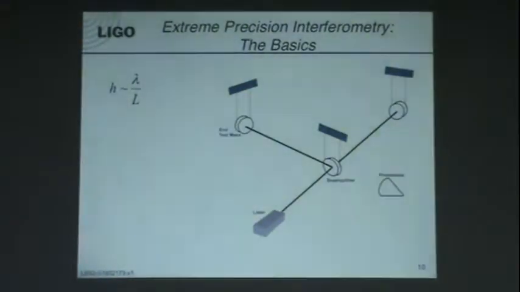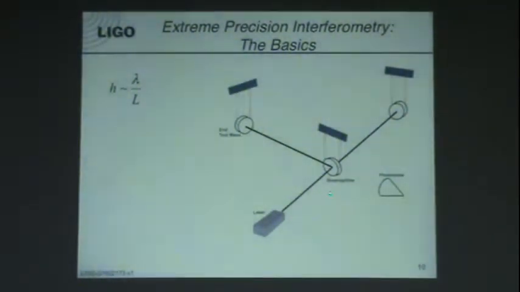Okay, so now let me give you what I would call a heuristic argument for why you can use interferometers to measure gravitational waves at the strain that I told you at the beginning, 10 to the minus 21. This is a famous Michelson interferometer. There's a laser, there's a beam splitter, there are 2 end mirrors, we call them test masses, and then there's a photodetector.